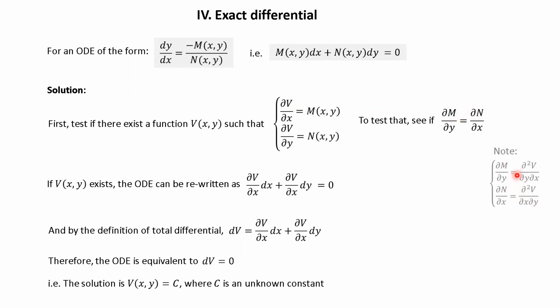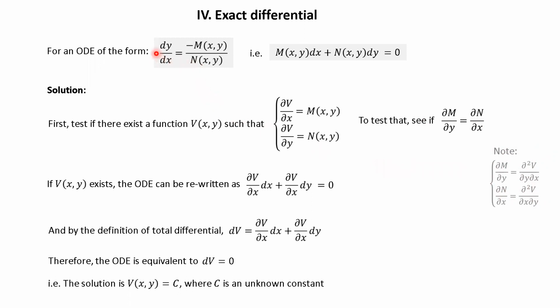This should look familiar to you, because this is exactly what happened in chapter 3. We assume that the function is differentiable, so switching the order of the derivatives doesn't matter. It still gives you the same thing. So basically two steps.